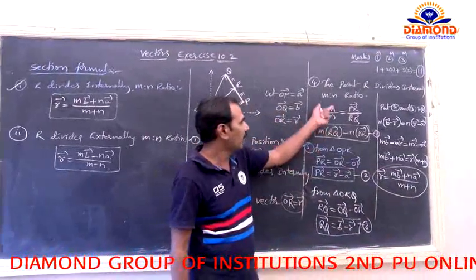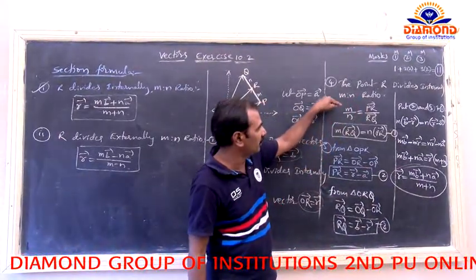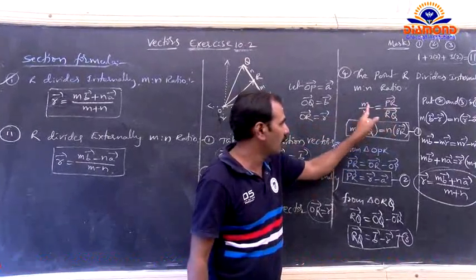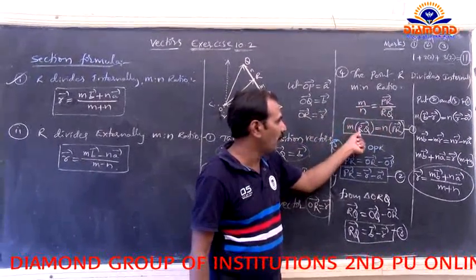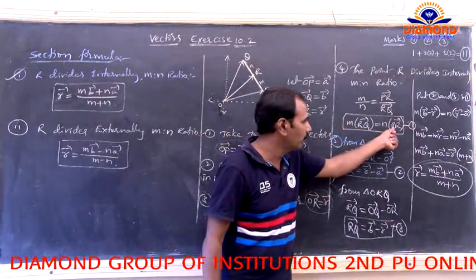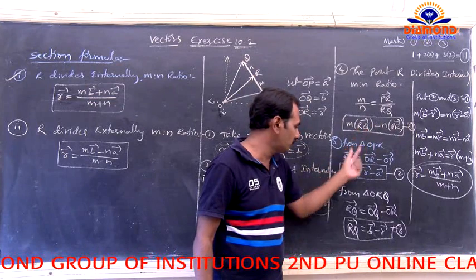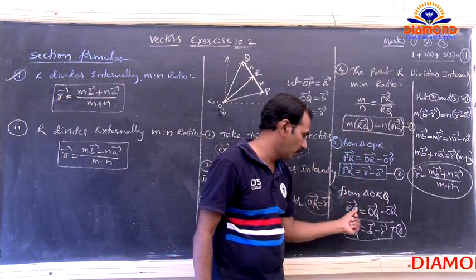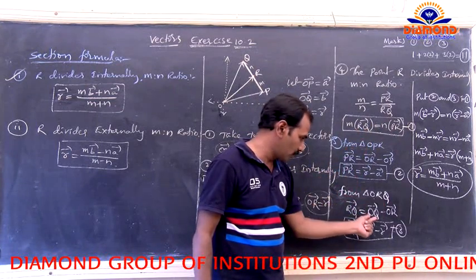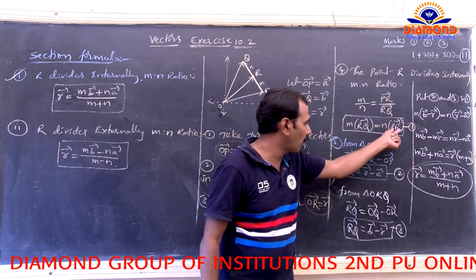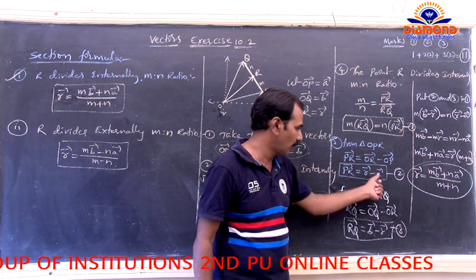Here first we calculate the M is to N ratio, which means M by N equals PR by QR. Cross multiplication we get M into RQ equals N into PR. So RQ, from triangle ORQ, RQ equals OQ minus OR, which means B bar minus R bar. Next PR means R bar minus A bar.